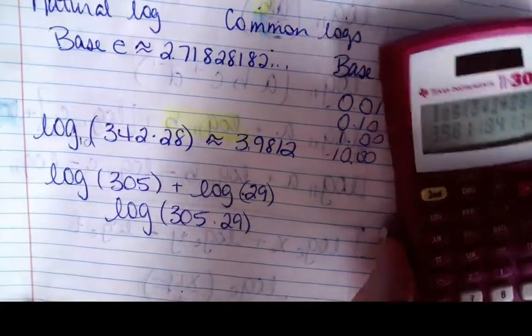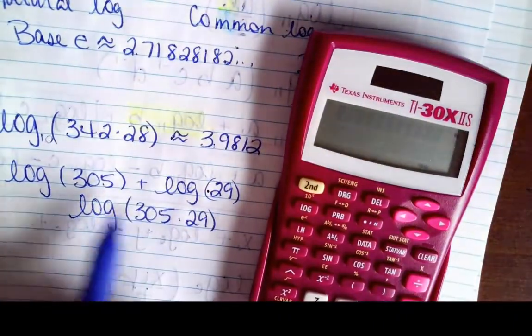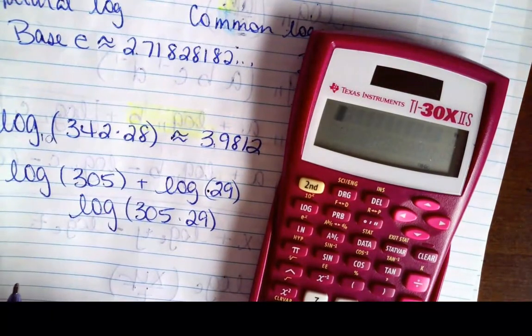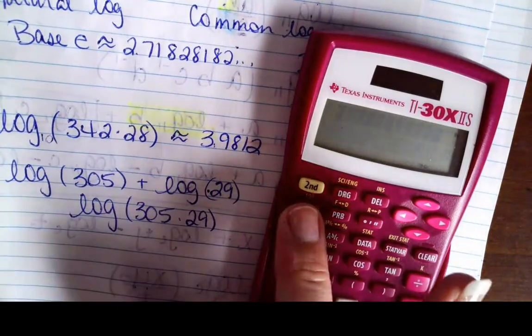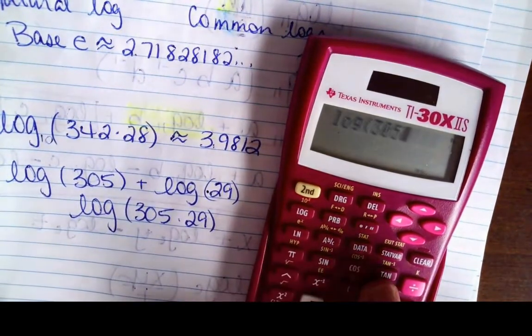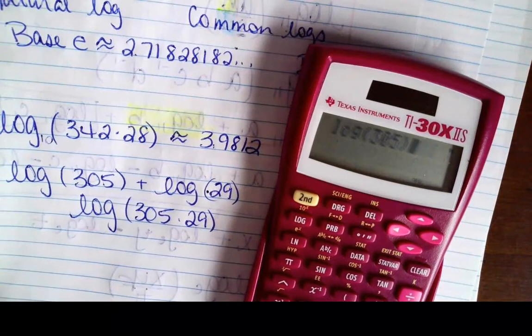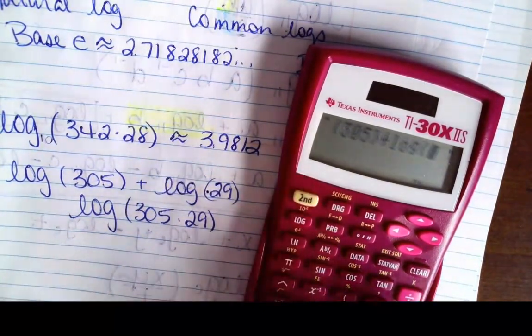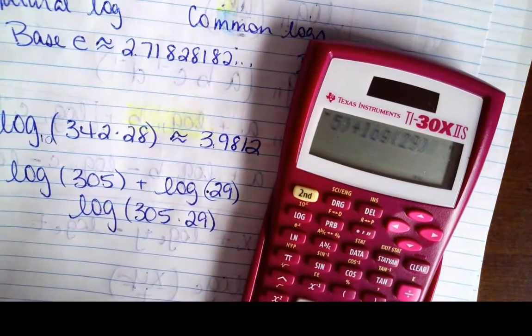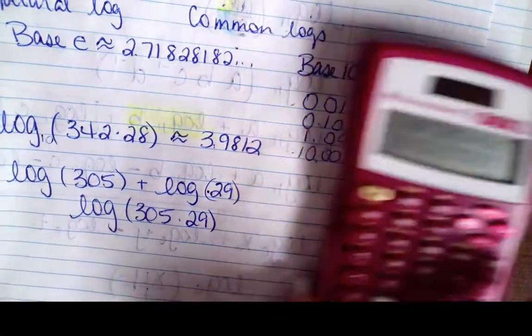Either way, you're going to get the same answer. No base is written, so it's either natural log or common log. We're in log, so it's common log. I enter the log of 305, close the argument, plus the log of 29, close the argument, and I get 3.9467.